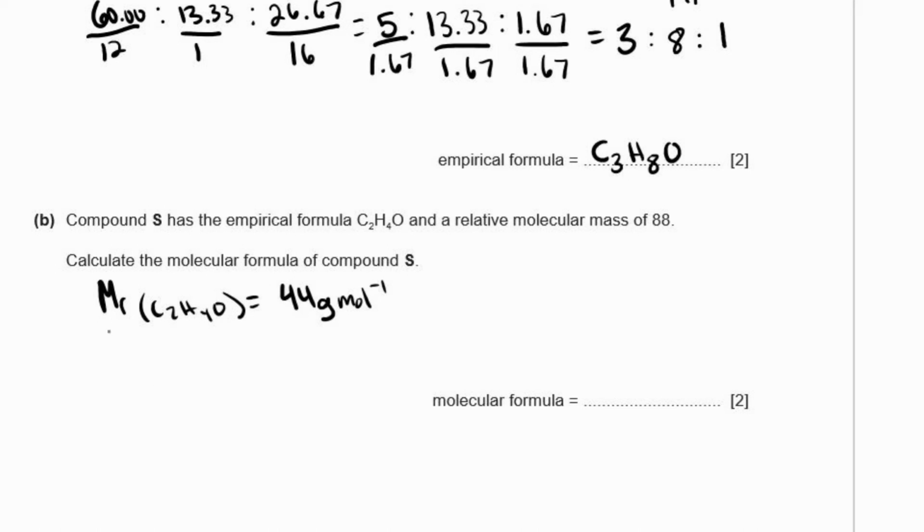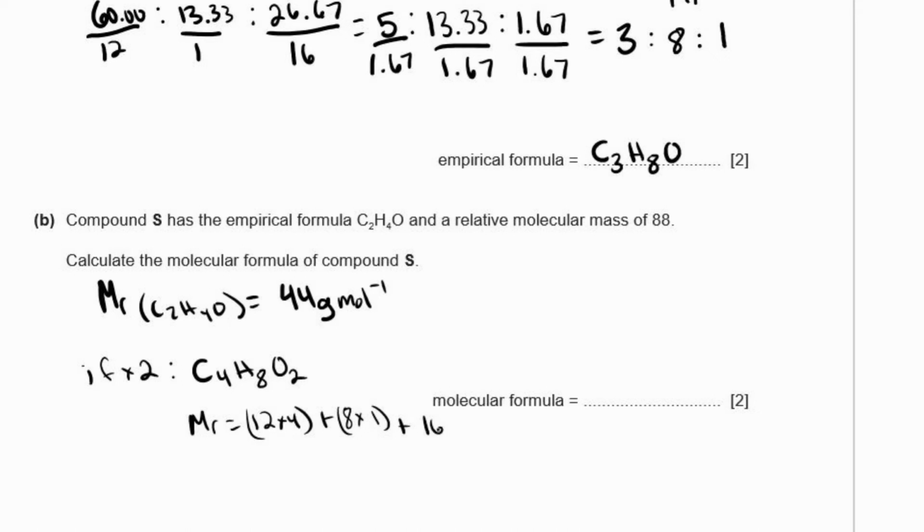Okay, now we need to figure out, trial and error again, how we can turn 44 grams per mole into 88. So let's say if we multiply it by 2, that creates C4H8O2. So let's check that. The Mr would now equal 12 times 4 plus 1 times 8 plus 16 times 2.